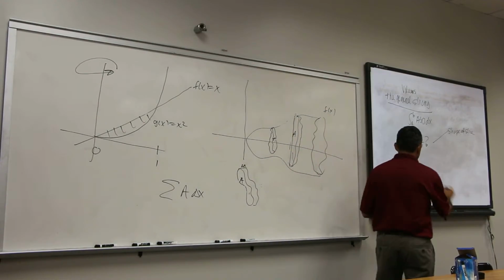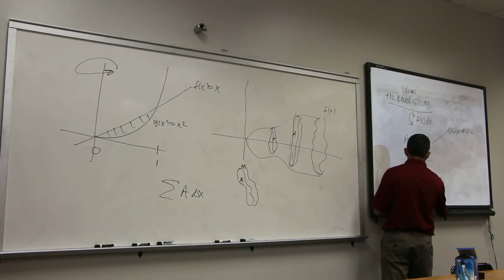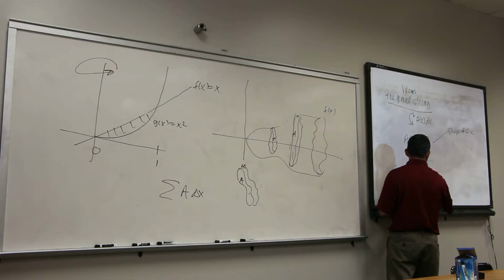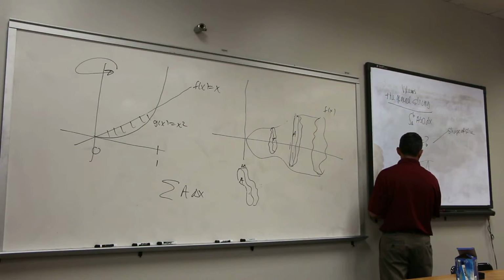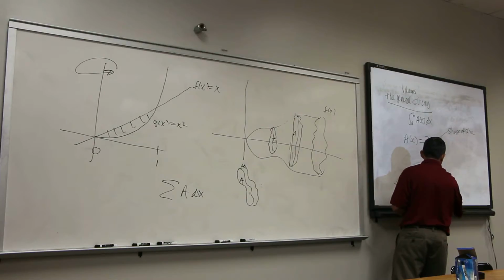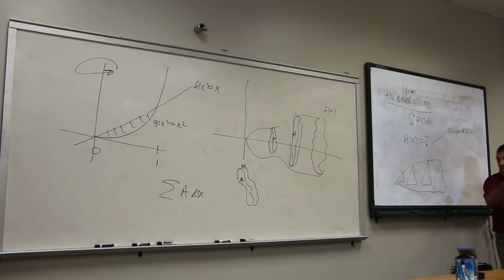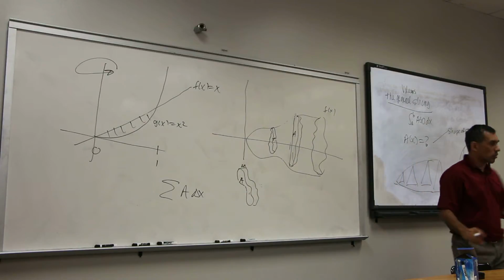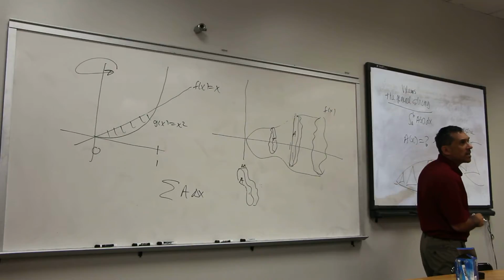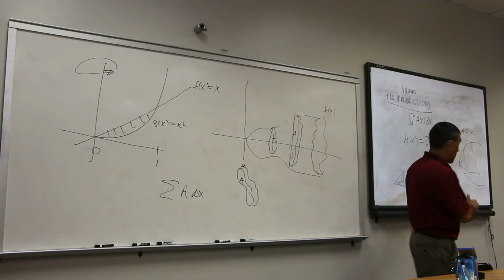Take your Toblerone chocolate. Every time you slice, you look at it from the side, you see a triangle. But the envelope is weird. It's a non-linear envelope. You need to find the area of that triangle depending on where you are.